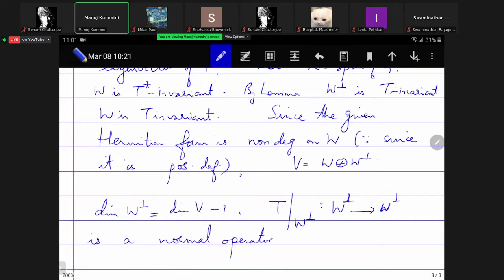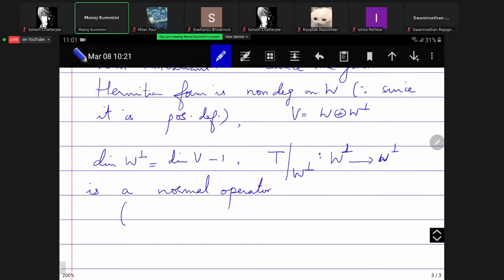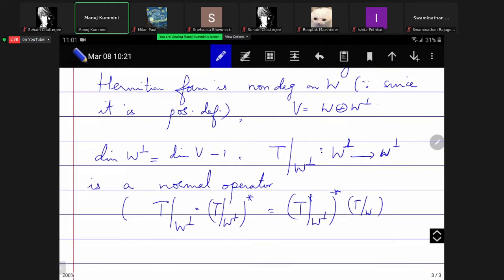So normal operator, maybe I should just say it once more. What we want to show is that T restricted to W perp composed with its adjoint equals the adjoint composed with T restricted to W perp. This is what we want to show.